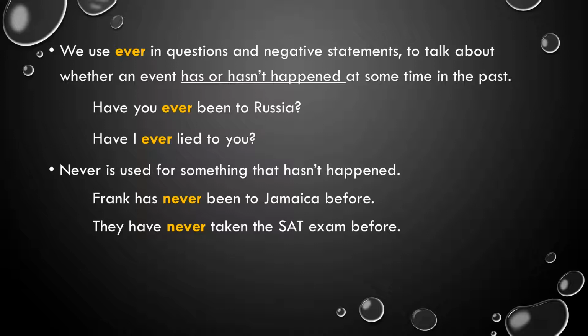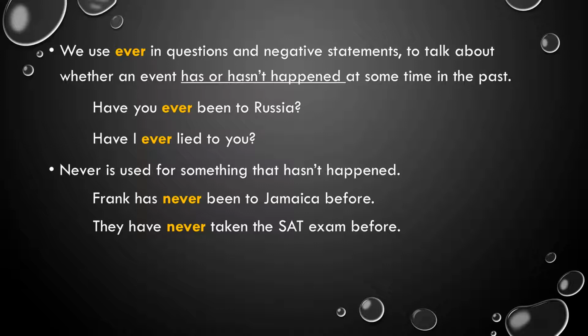Let's take a look at the examples. Frank has never been to Jamaica before. Here, as you can see, in terms of structure, the sentence is a positive sentence, but since we use never, we get the negative meaning, which means he hasn't been to Jamaica before.